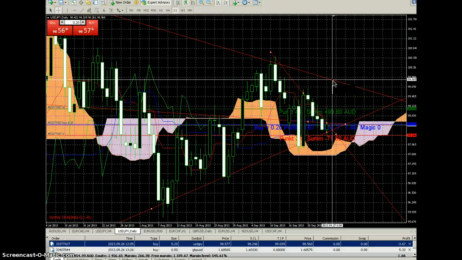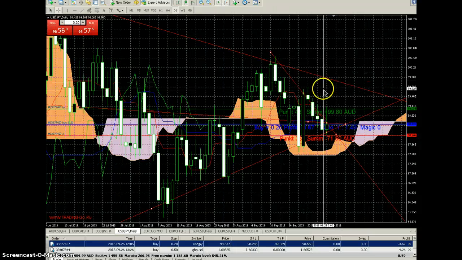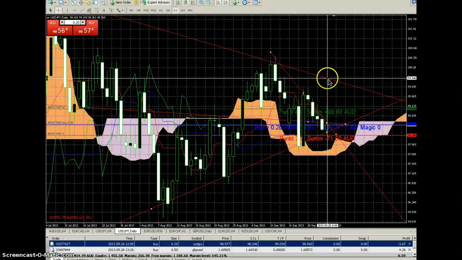99.9, 99.889, or if it's this candle itself, then up to, for example, 99.94, around the 99.8 to 95 level.